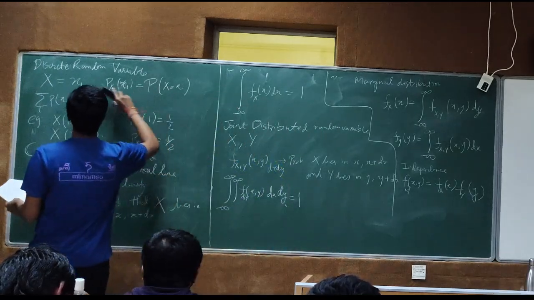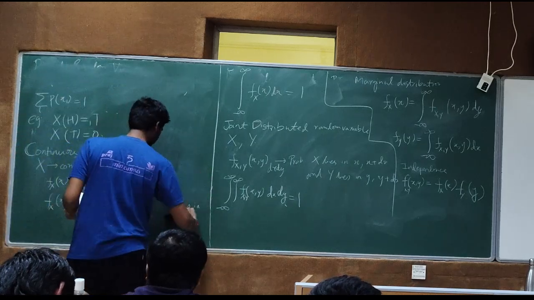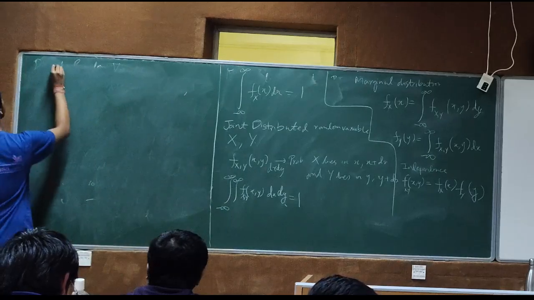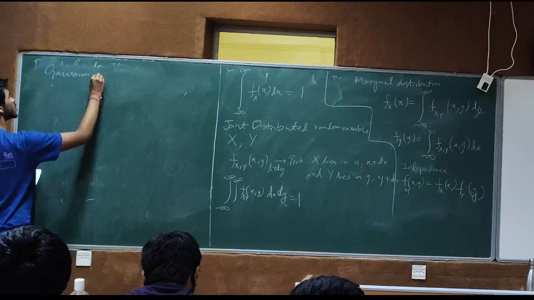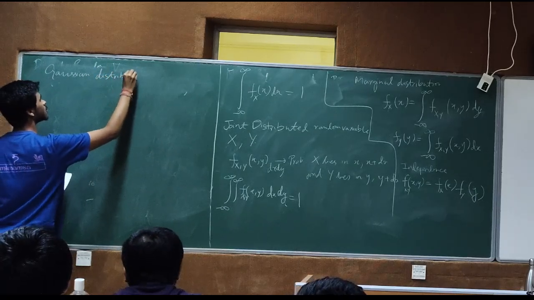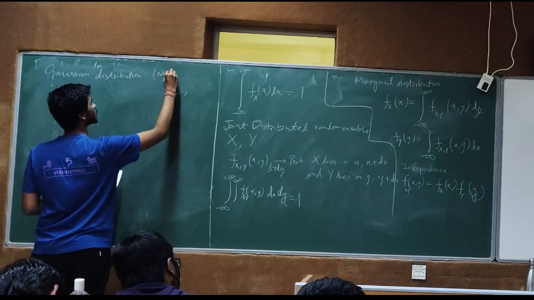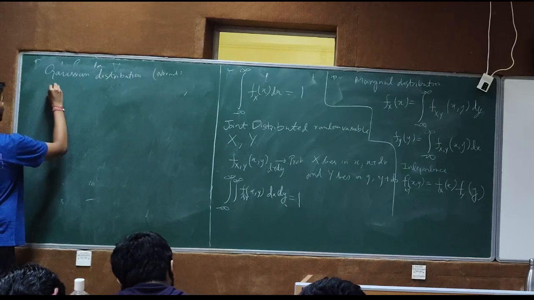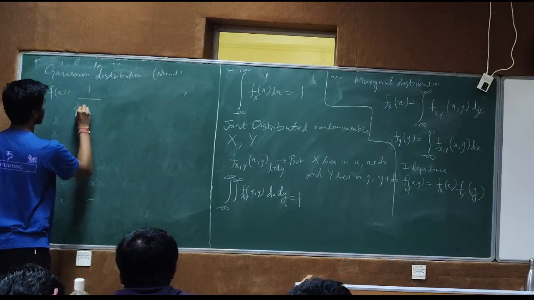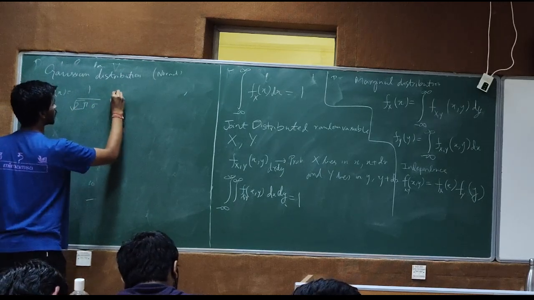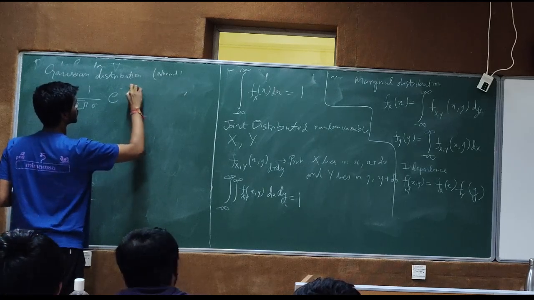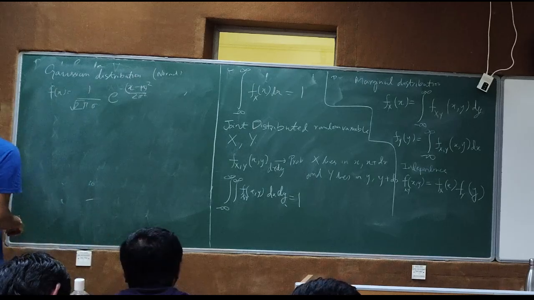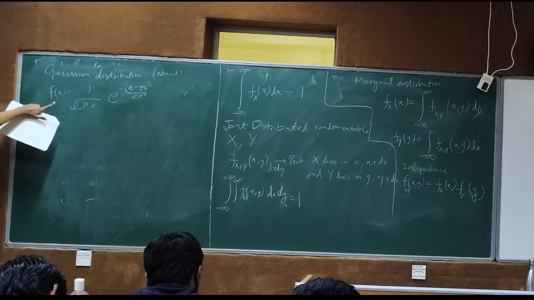And let's see some common probability distributions. So it's called the Gaussian distribution, or also called the normal distribution, and its probability density function is this, and its probability distribution function is this.